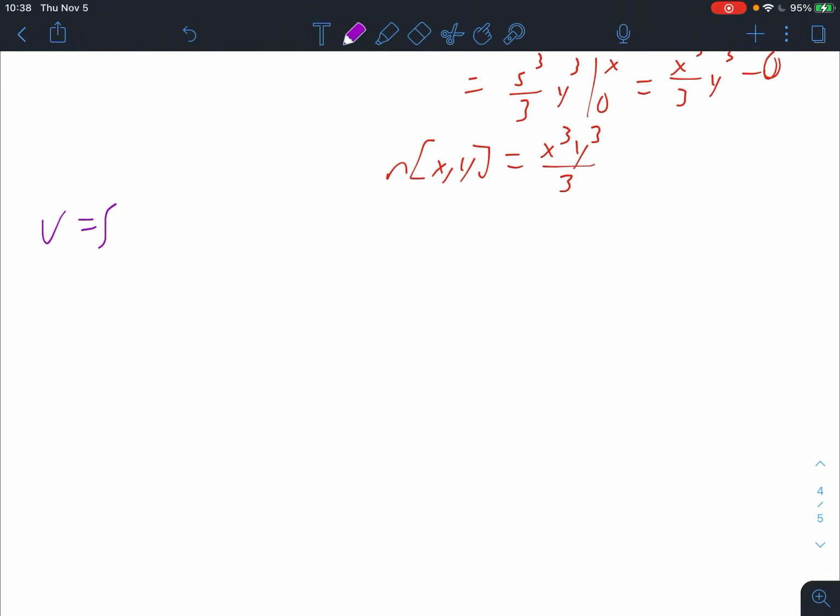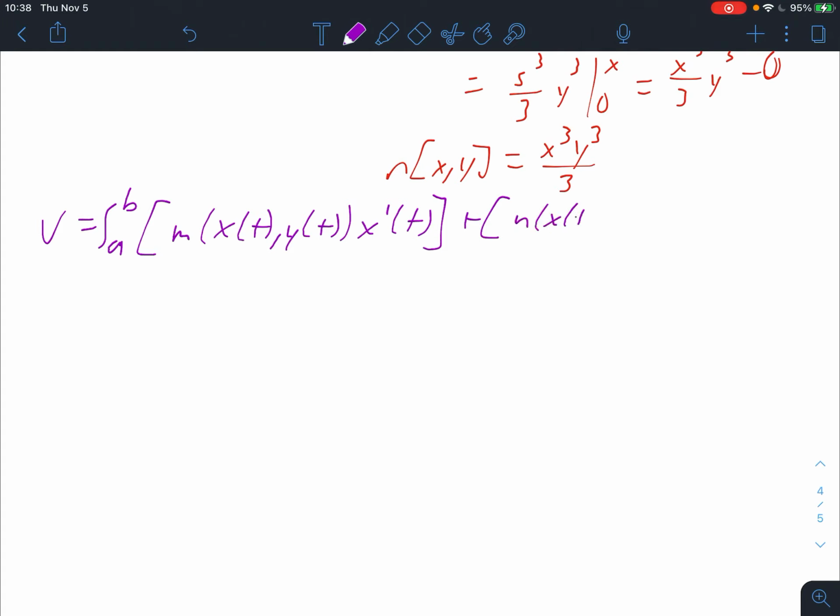So volume equals the integral from a to b of m of x of t, y of t times x prime of t plus n of x of t, y of t times y prime of t dt.